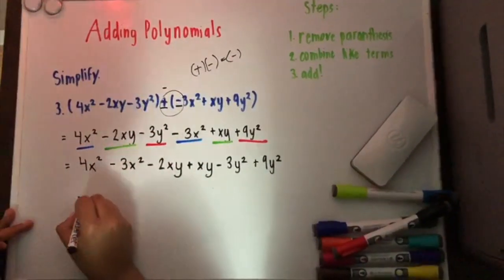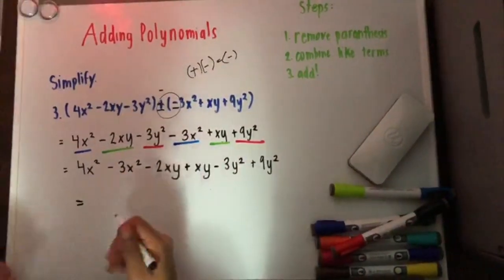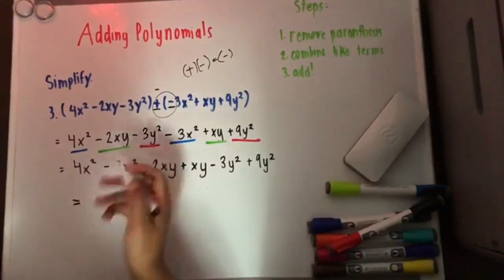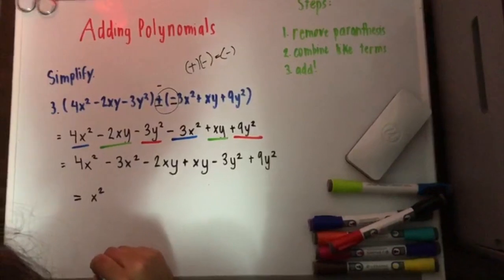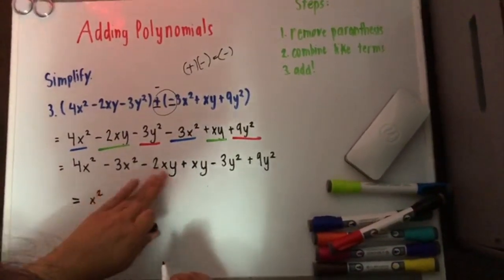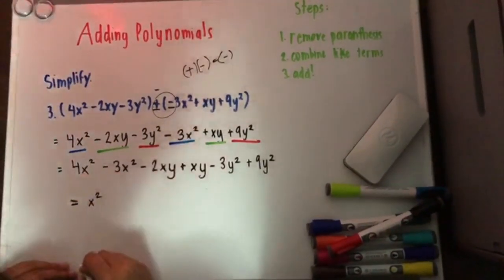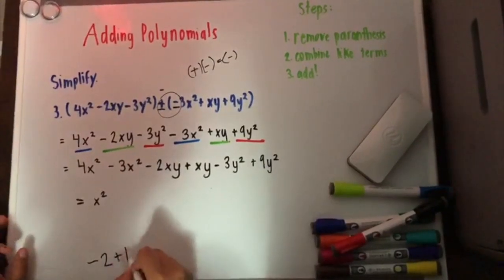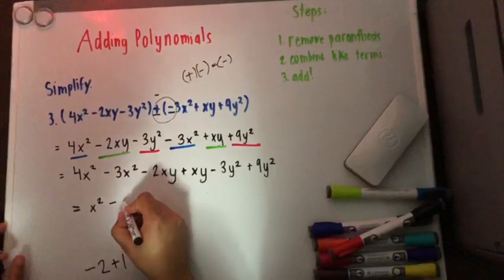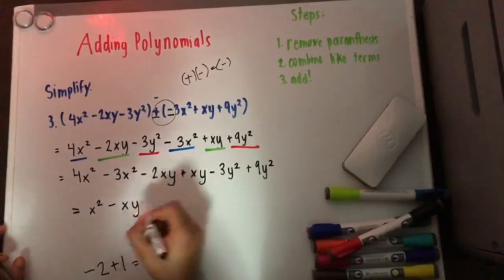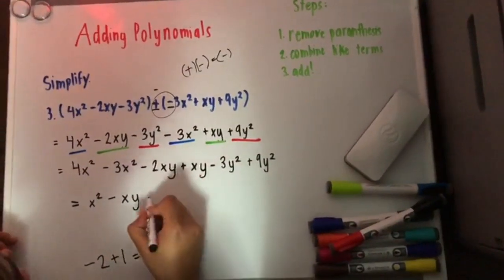Yeah. So now we're just going to be adding, well, in this case subtracting, because 4 minus 3 x squared. Next part is negative 2 plus 1, negative 1. So negative xy, right?